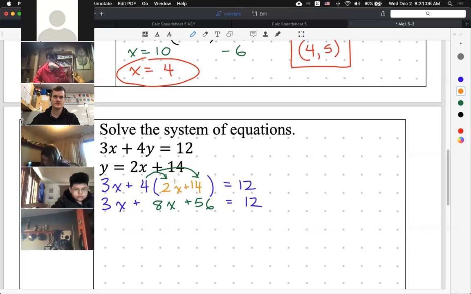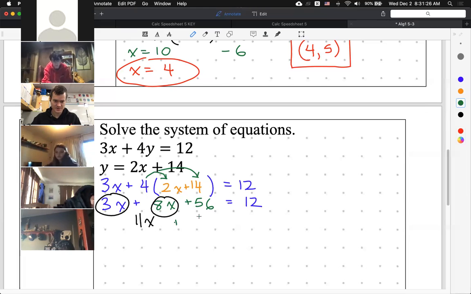So, you add the 8x and 3x. Perfect, and you get? 11x. There it is, 11x. And then I'll rewrite the rest of this. Plus 56 is equal to 12.